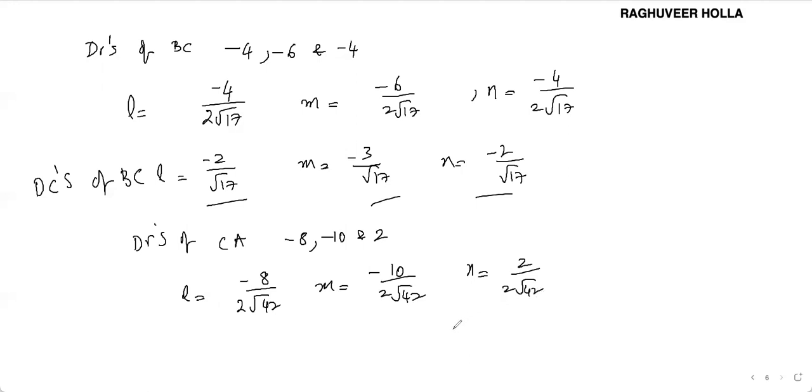So on further simplifying, the direction cosines of CA will be minus 4 by root 42, minus 5 by root 42, and 1 by root 42. So that will be your answer.